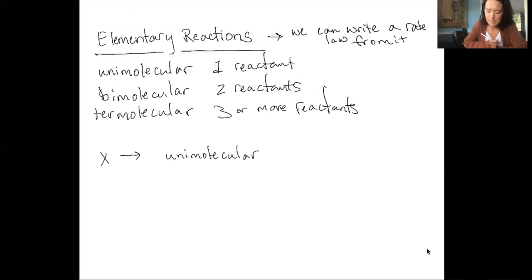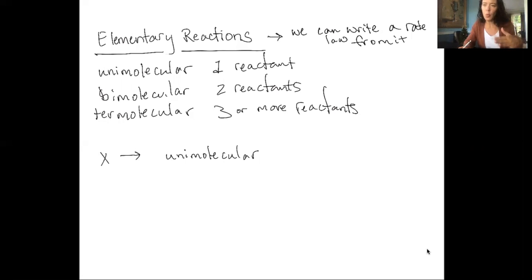It's a single step in a whole reaction, and that'll make more sense later when we look at reaction mechanisms. A reaction mechanism is a series of steps. It's how we actually get from reactants to products. An elementary reaction is one of those steps.